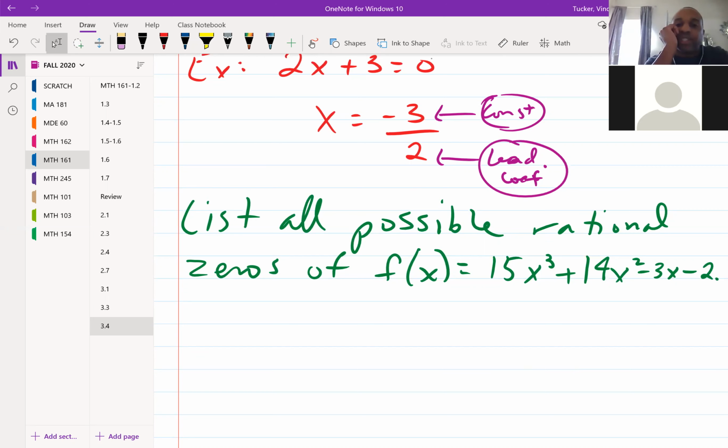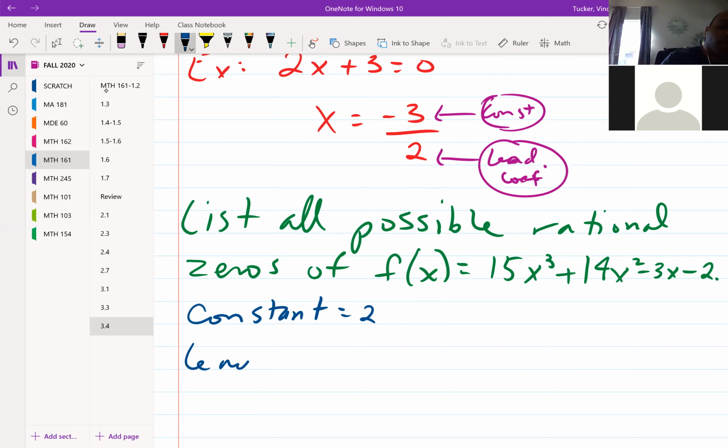All right, so listen: all possible rational zeros of f of x equal to 15x cubed plus 14x squared minus 3x minus 2. So our constant is 2, and our leading coefficient is 15.